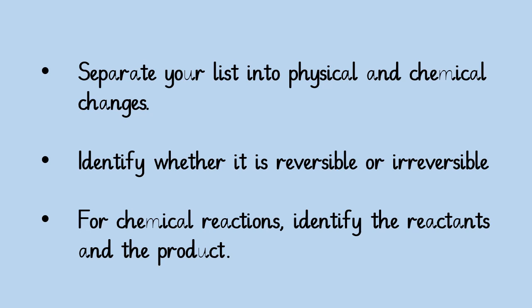One will be chemical reversible and one will be chemical irreversible. If one of the pictures I show you is a chemical reaction, I want you to identify the reactants and the products. Once you've split your page into 4 and labelled the correct sections, carry on with the video and we'll see what pictures we've been given.